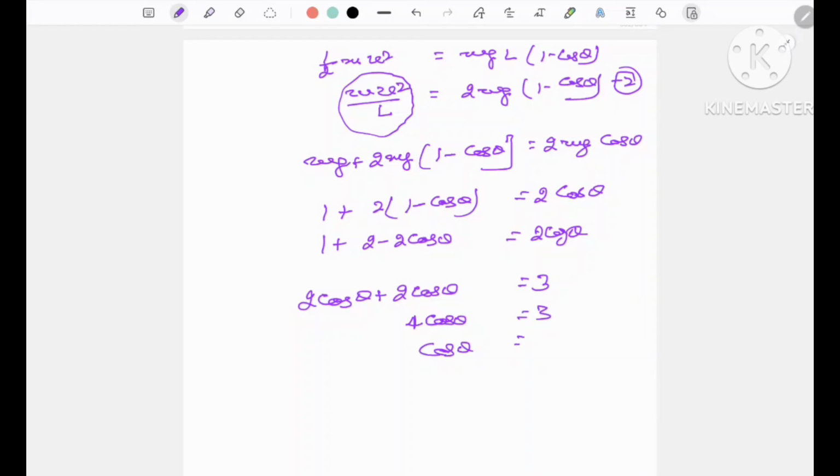Cos theta is 3 by 4. Theta is equal to cos inverse 3 by 4. The maximum angular displacement will be cos inverse 3 by 4.